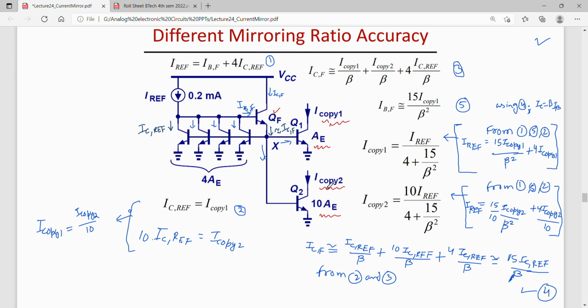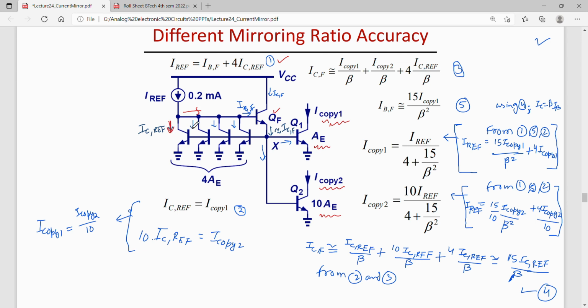For finding out I copy 1 and 2, I'll write equation 1 first, which is IREF is equal to IBF plus 4 times ICREF.